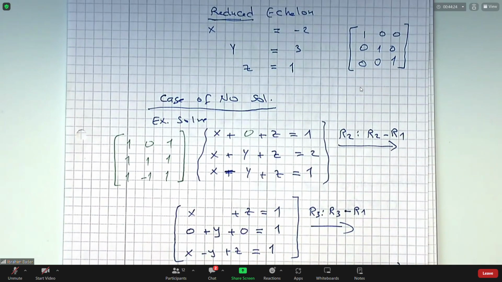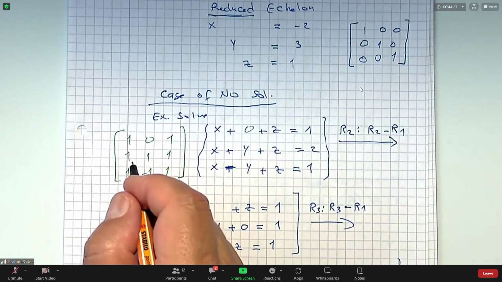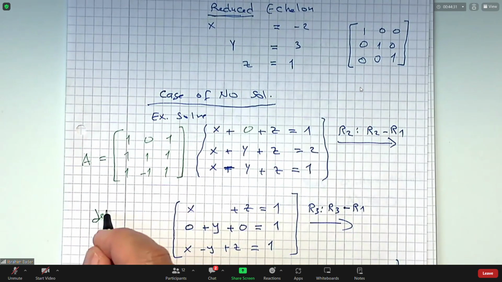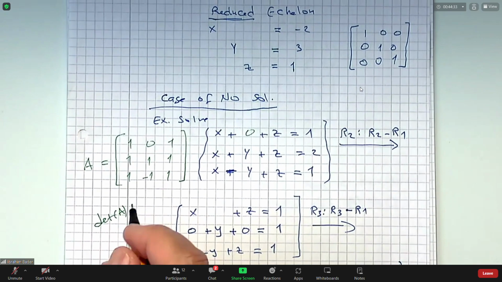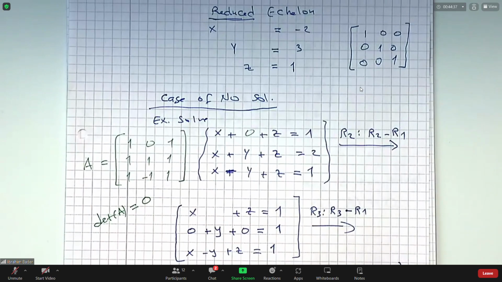Can anyone evaluate the determinant of this one, if this is A? It's going to be 0. That's why we had no solution here.